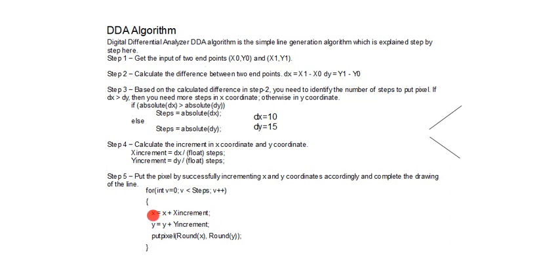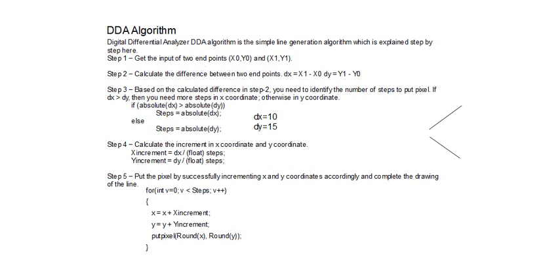Every time it will be in decimals actually, but you cannot have decimal positions on your screen. Your screen will have whole numbers as the pixel positions in x and y, so you cannot go with the decimal parts. So that's why I put pixel, that is round x and round y.